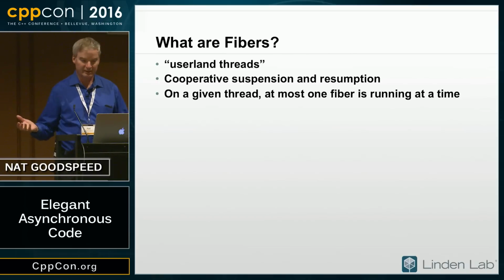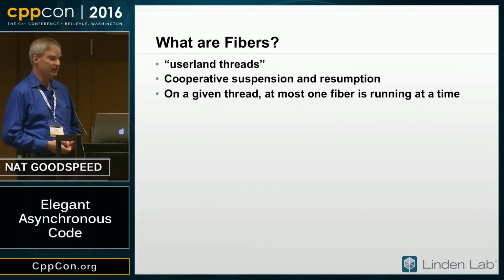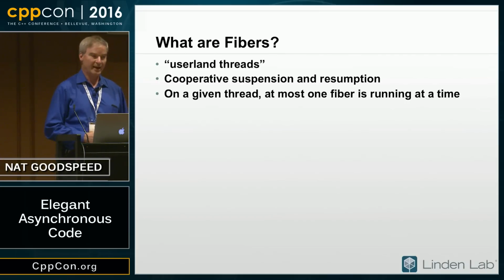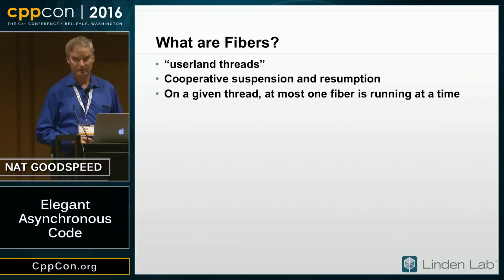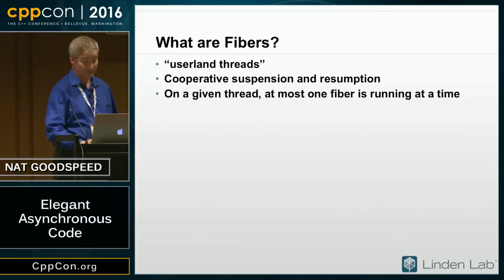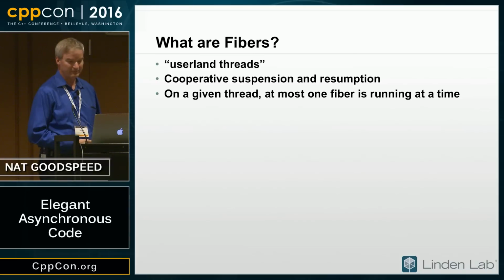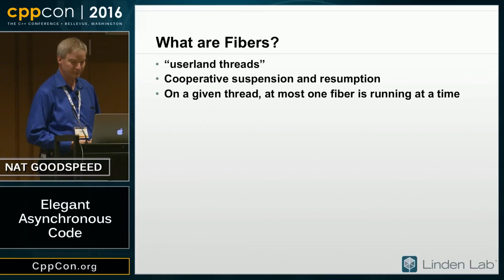Cooperative fiber context switching means that application code can know that it's not being unpredictably interleaved with other fibers on the same thread. Code accessing a shared resource can know that no other fiber on the same thread is trying to access that resource at the same time. Of course, the scope of this exclusivity is within a given thread. If you share a resource between fibers running on different threads, you have the usual issues.